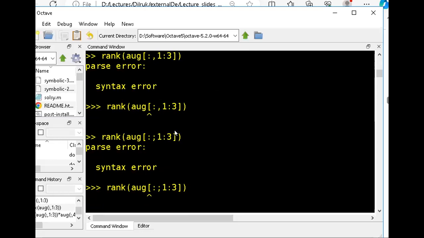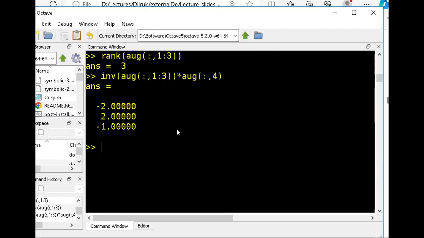There's a built-in function in Octave to get the row reduced echelon form. I will put a label, let's call it C. So this is the row reduced echelon form of my augmented matrix.